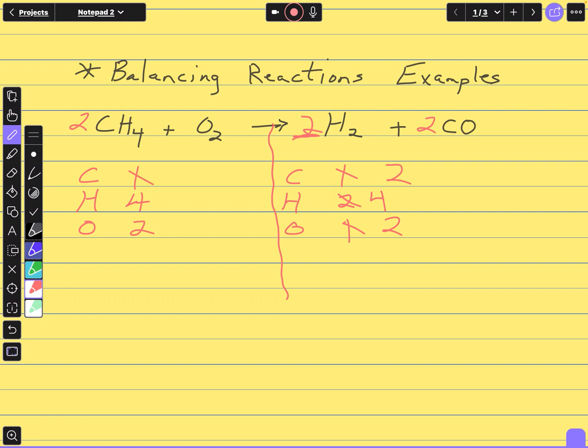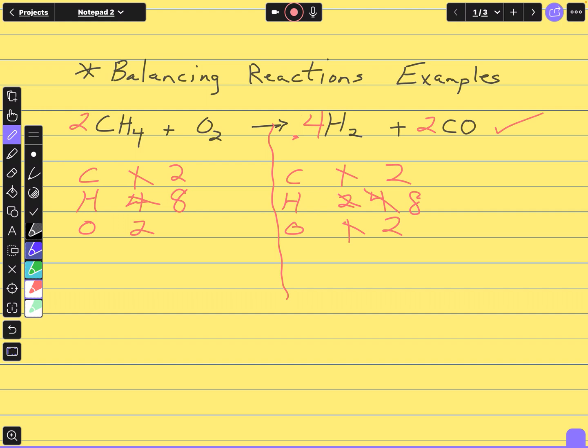That makes my carbons change to 2, but it changes my hydrogens now to 2 times 4, which is 8. So then I need to go to the other side now, and I need 8 hydrogens. I need to change that number to a 4, and that makes me have 8 hydrogens, and then this reaction is balanced.